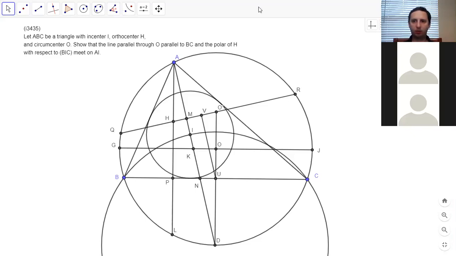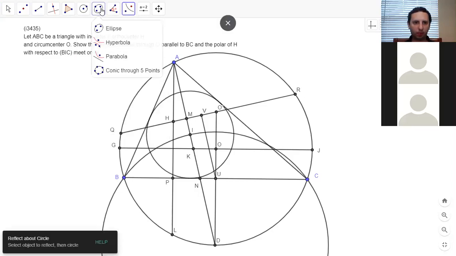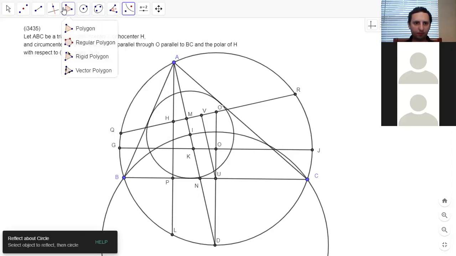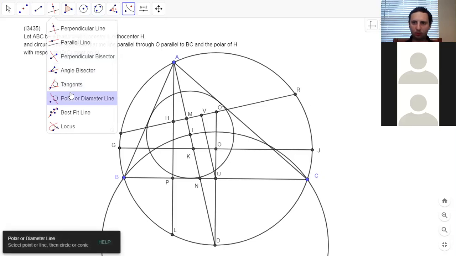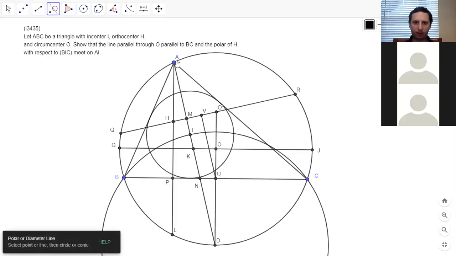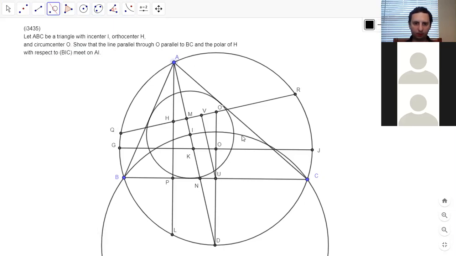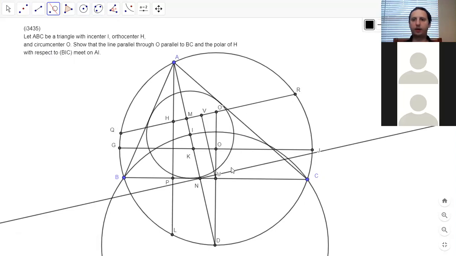Can we say the polar of A? What is that? Let's see. So it meets AI on BC. So that would just mean that DN times DA. Yeah, that's true.